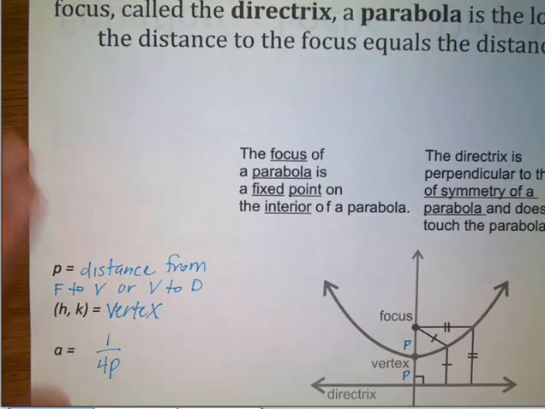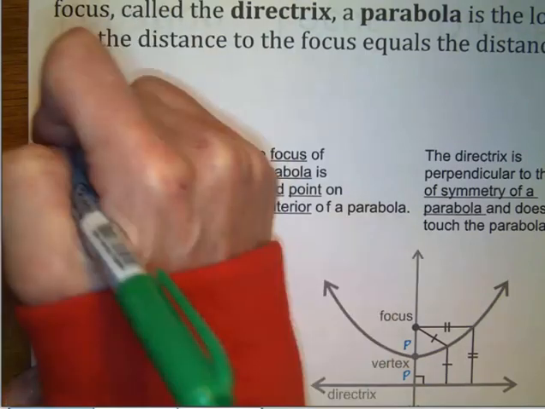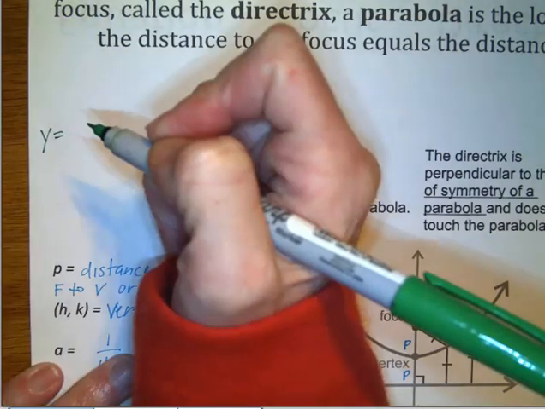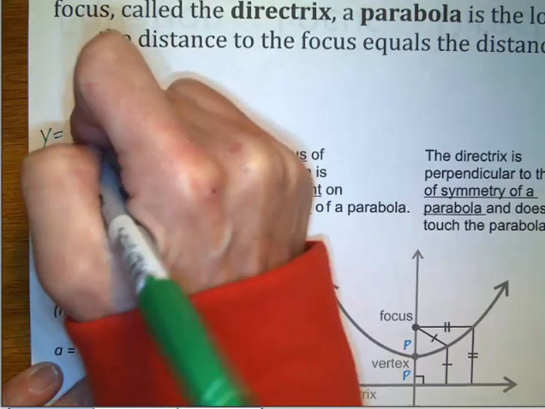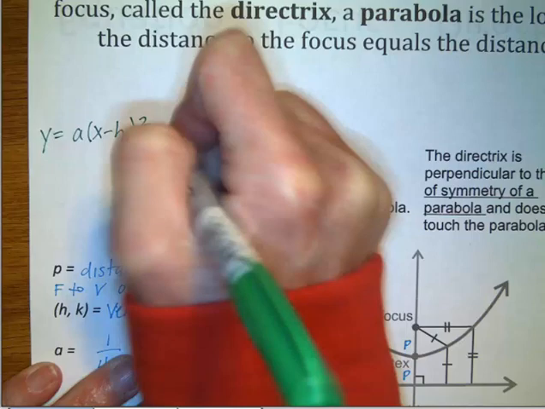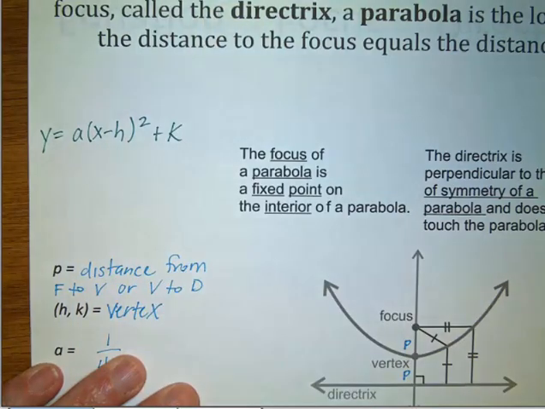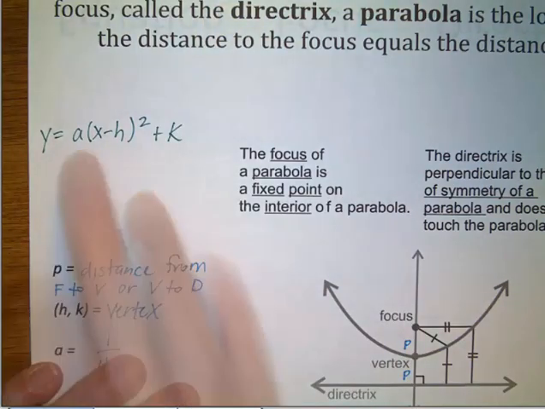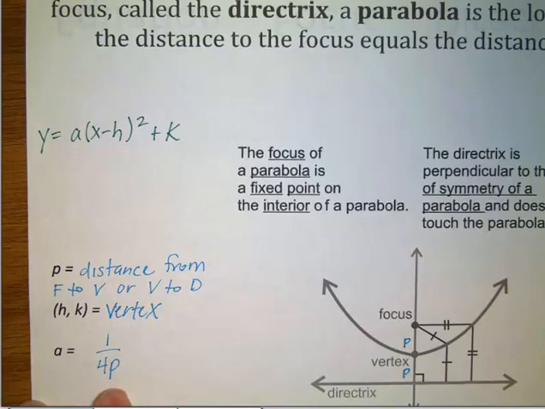Okay? So above this, we're going to write our 3 equations of a parabola. You know the vertex form, which is y equals a parenthesis x minus h squared plus k. That should be familiar. We now are going to replace a with this 1 over 4p.